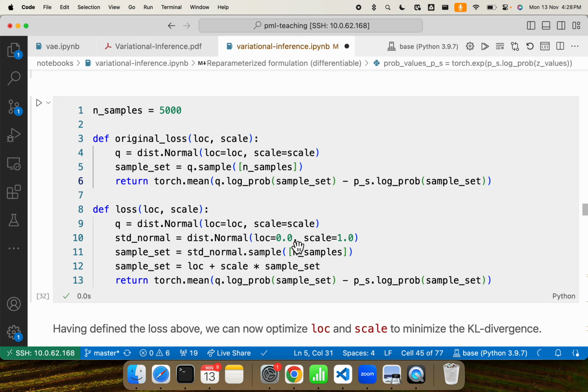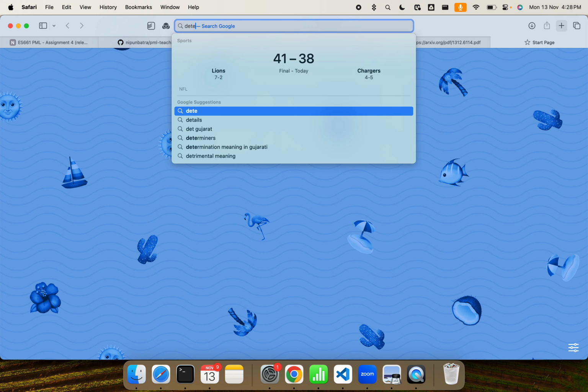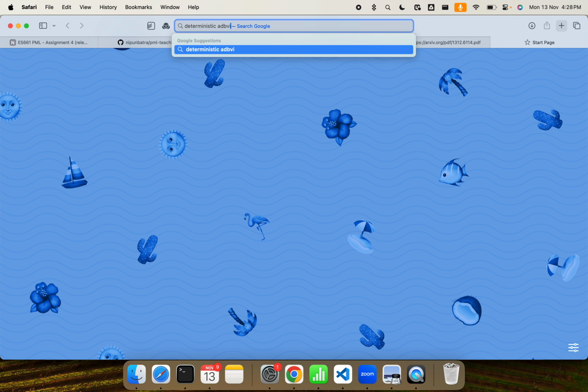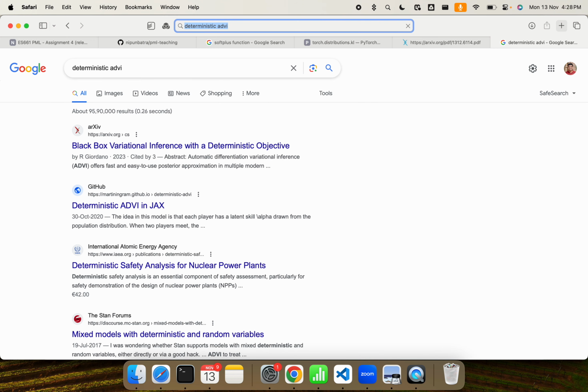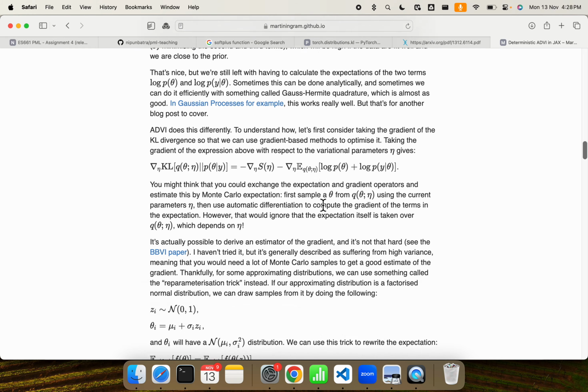So there are variations to this, as you're mentioning. If I'm not mistaken, that particular approach is called deterministic. I don't know whether it's the same term or not. I can look this up and let you know in the next class.